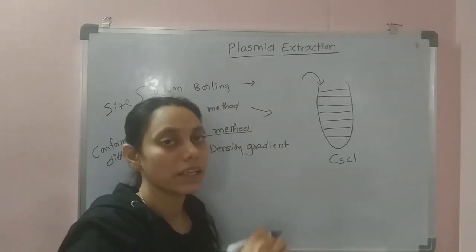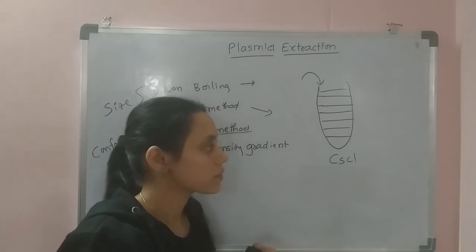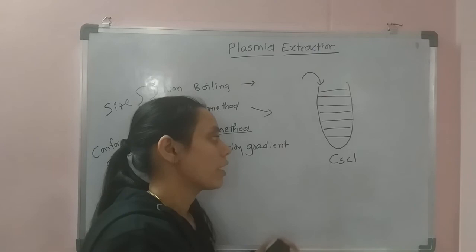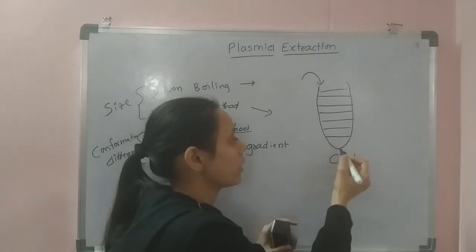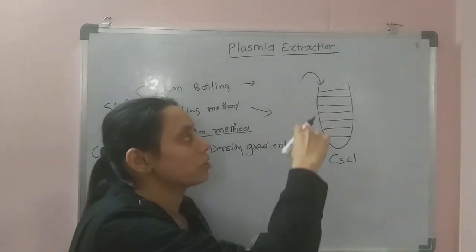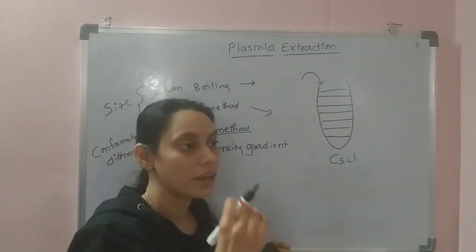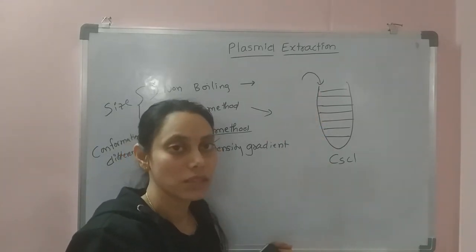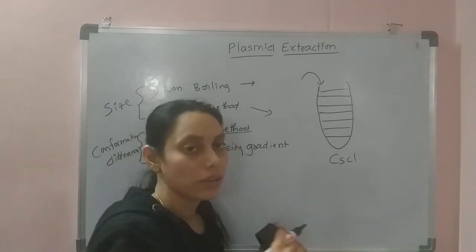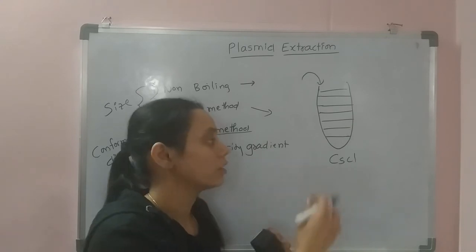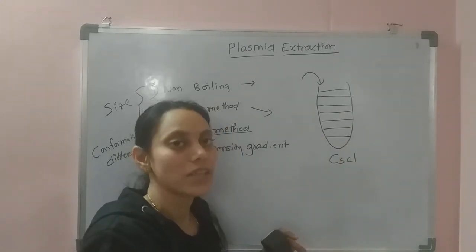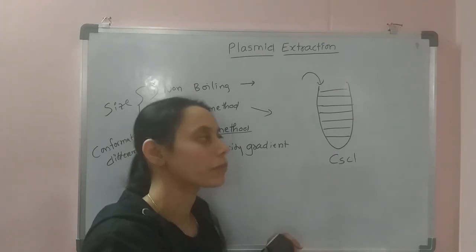When you add these EtBr treated cells to the cesium chloride, once after centrifugation, the ingredients which are added reach the same density as the cesium chloride layer. That means if they are high in density, then they will reach the bottom layer of the cesium chloride, so it matches with the density of the cesium chloride.